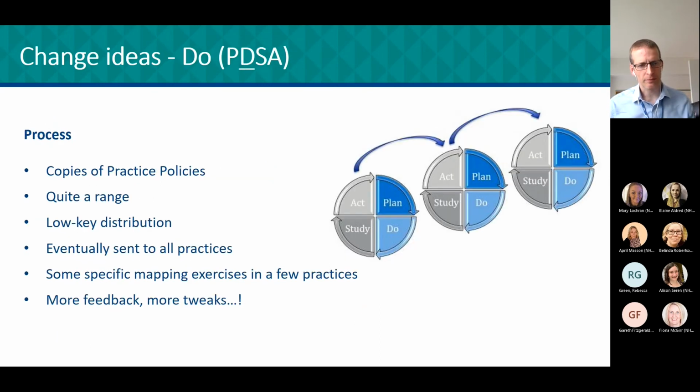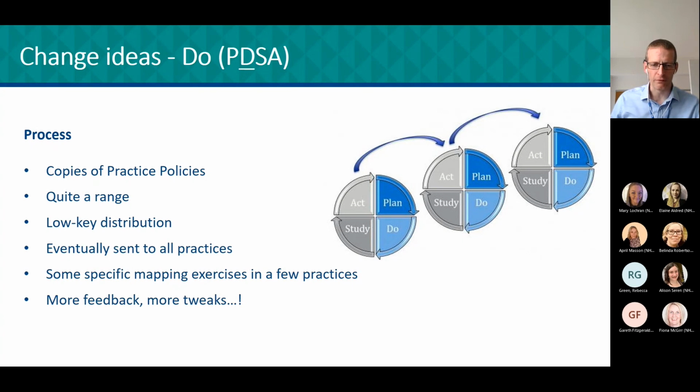So we had copies of practice policies from a previous prescribing list. That ranged from a single sheet of A4 up to a 30+ page monster document. Fortunately, the bulk of it, the middle bit of the normal curve, everyone seemed to have taken the template from the BMA and had adapted that to varying degrees.